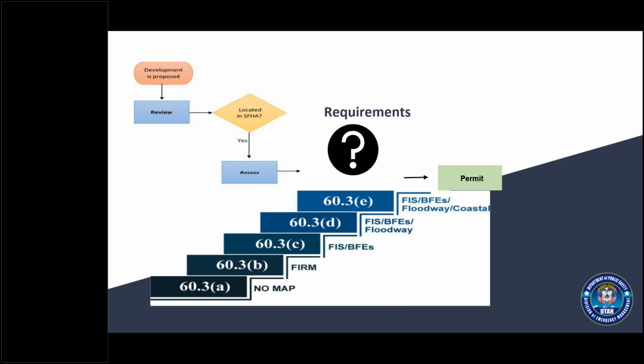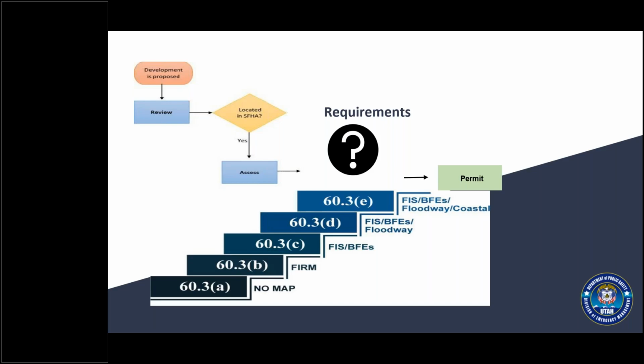So I want to emphasize here, you need to read and know what your ordinance says and update it where it's needed. So if you are a current community and you only are at level B, and now you have a new flood insurance study that has base flood elevations and a regulatory floodway, you are now going to need to be at a 60.3D level, okay?